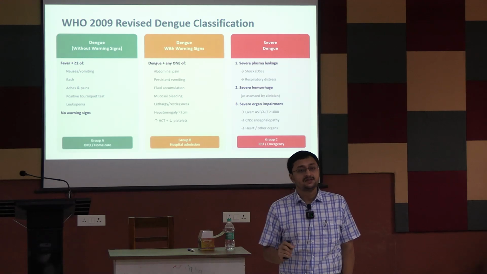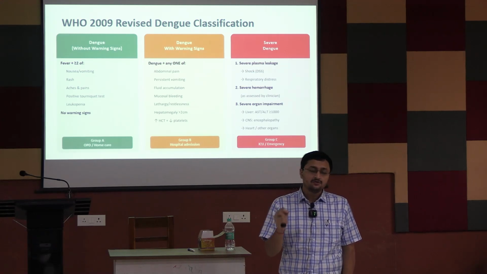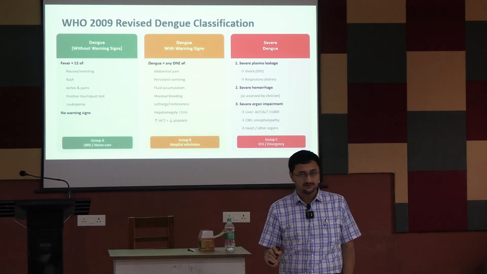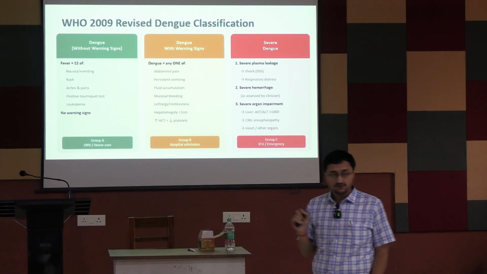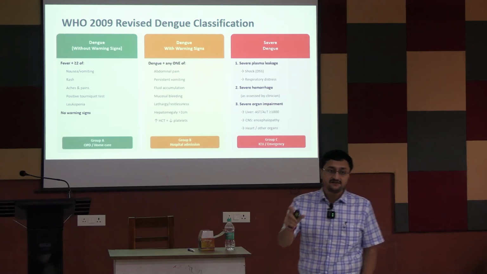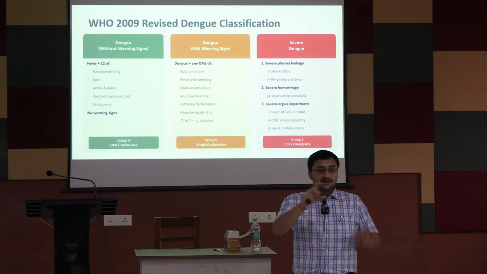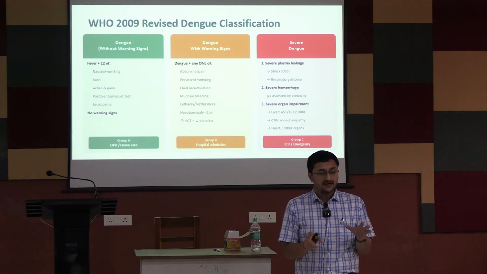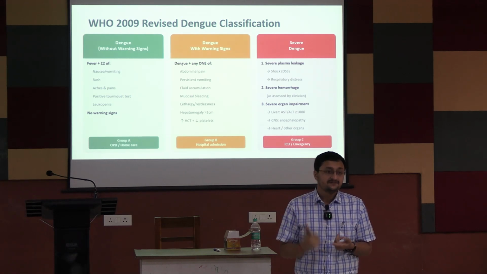You have to admit that patient, mainly in IPD but not in ICU, in the ward only, okay, just do supportive care. And the last one is severe dengue. Previously it was called DHF or DSS, that means dengue hemorrhagic fever or dengue shock syndrome, but these 2 entities are now covered into one entity, that is severe dengue.